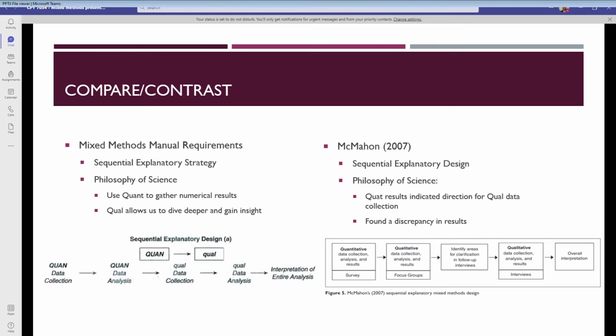Additionally, one of the requirements for the philosophy of science is how quantitative is used to gather numerical results, and then qualitative allows us to dive deeper and gain insight into those quantitative results.